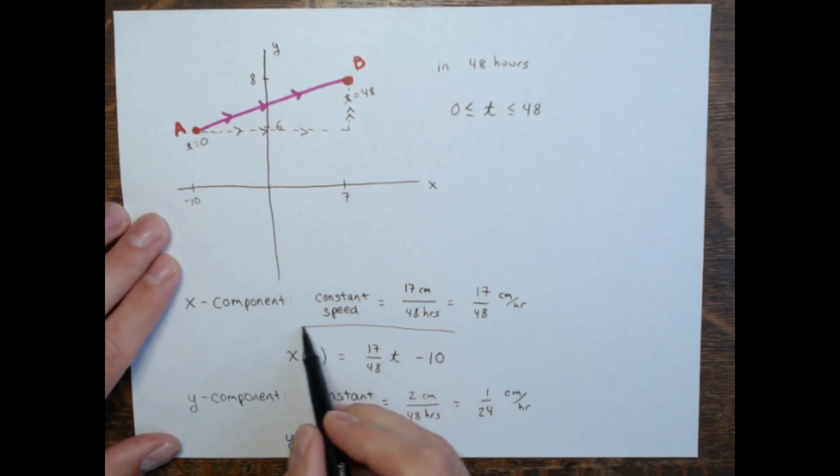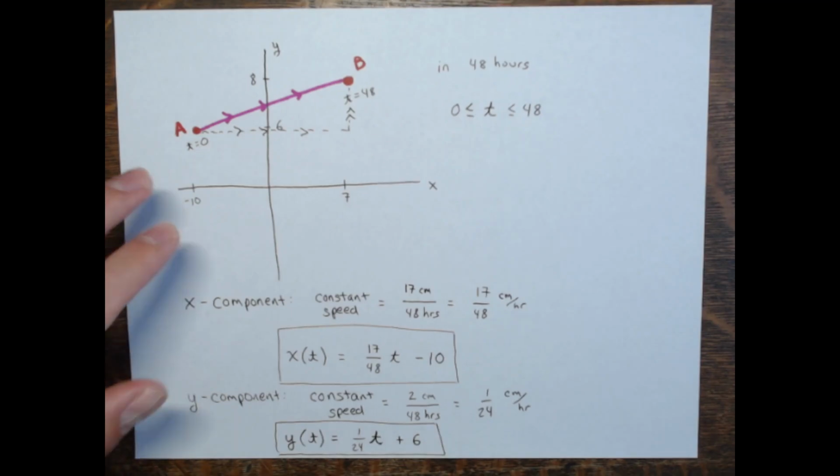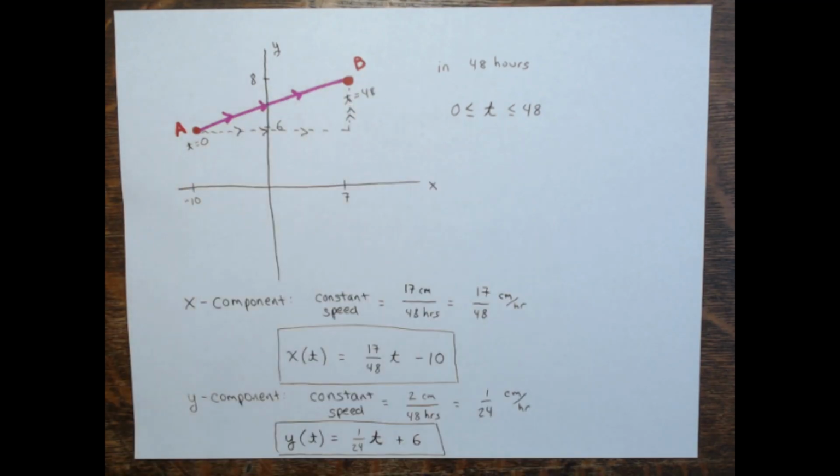So here they are, my parametric equations for this segment, where we're moving along the segment from point A to point B at a constant speed. x is 17/48 times my time minus 10, and y is 1/24, or 2/48, times my time plus 6.